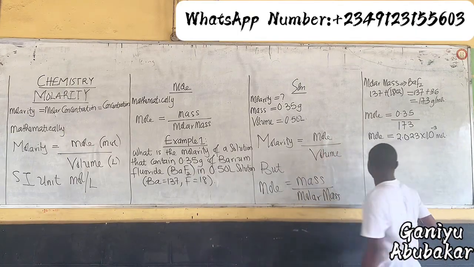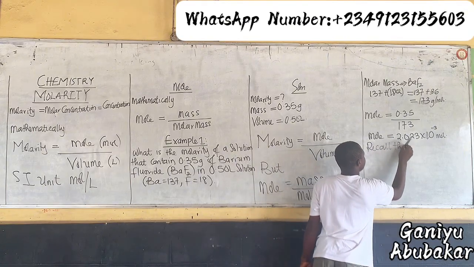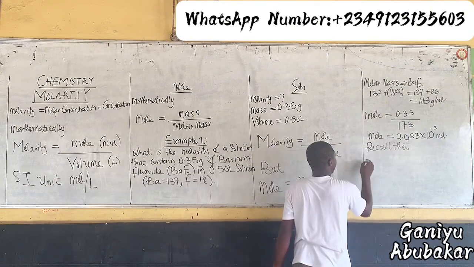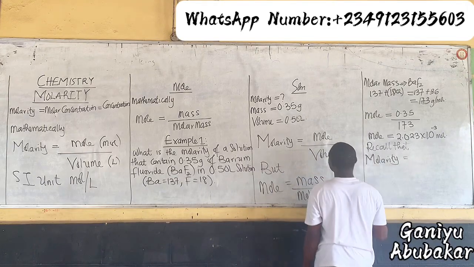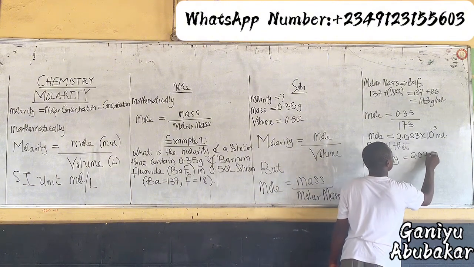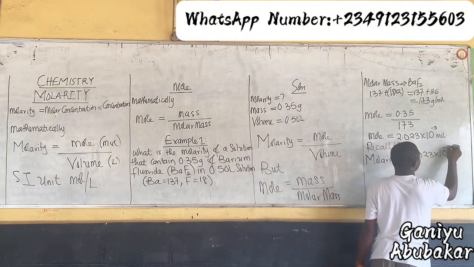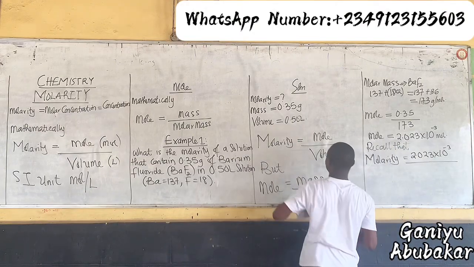Let's now get molarity. So recall that we said molarity is equal to mole, and mole is what there? 2.023 times 10 to the power minus 3 over next of volume. Volume there is what? 0.50.